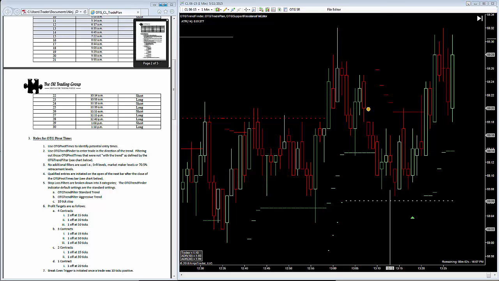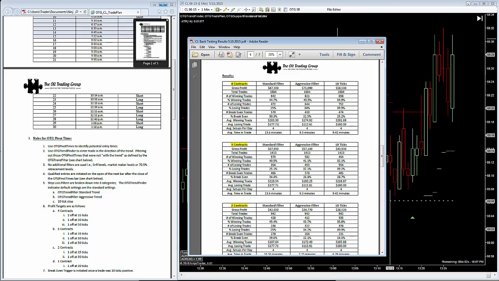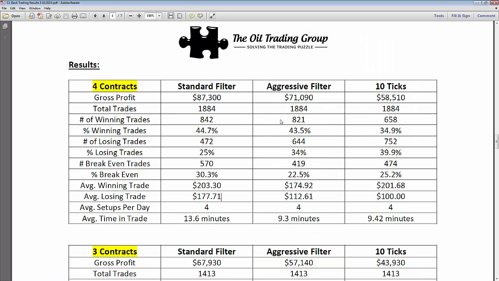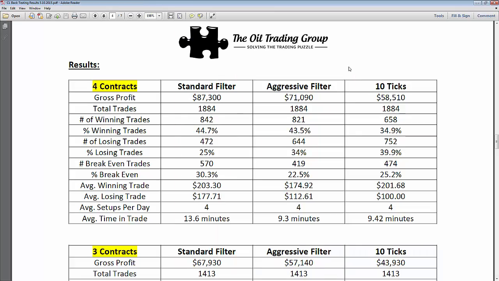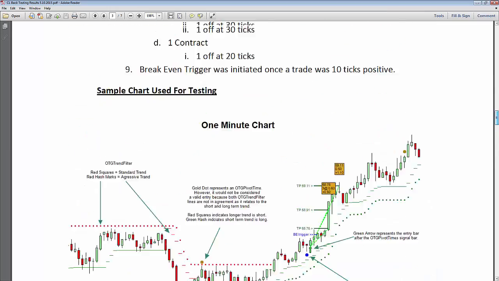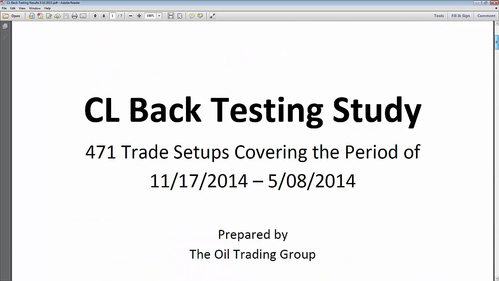The other thing that I want to show you that should give you some encouragement is, if you take a look here at the backtesting program that we ran, if you haven't seen this already, we have done the CL backtesting that covered 471 setups from May 8th, which was Friday, all the way back to November 17th.